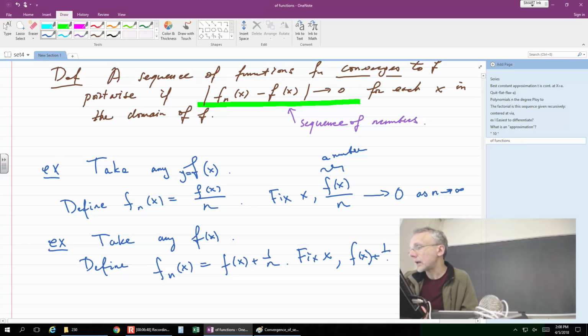Where does it go? To f of x, right. So once again, f of x is a number. x does not vary. And so we have, once again, a very simple convergence. So any function is a limit of a sequence of functions built this way.